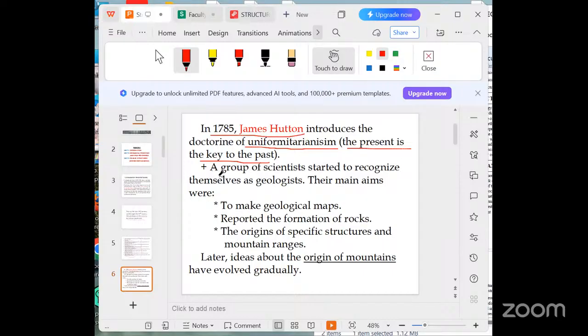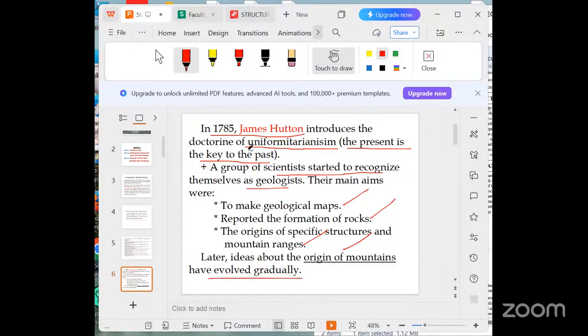Also, a group of scientists started to recognize themselves as geologists. What were their main aims? To make geological maps and report the formation of rocks and the origins of specific structures in mountain ranges, and later ideas about the origin of mountains evolved gradually.